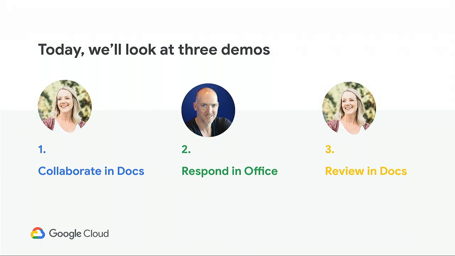Then we're going to take you to Word, and we're going to see how an Office user can still collaborate on that exact same file and doesn't have to worry about the fact that his collaborators are using Docs. And then we're going to come back to Docs for a wrap-up where you can see the same thing. The Docs user is still using the tools that she knows, but it doesn't matter that her collaborators still use Office. So to get it started, we're going to go to the first demo in Docs.